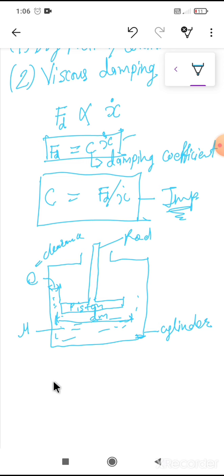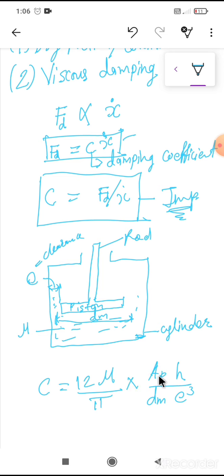So the value of C will be equal to 12 mu, where mu is viscosity, divided by pi into dm, the mean diameter, into E cube, that is the clearance, times H, the height of the piston, and AP, the area of the piston, which we can calculate with pi by 4 d square. This is the formula.